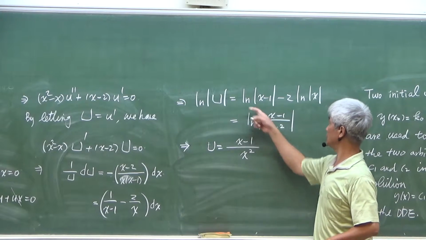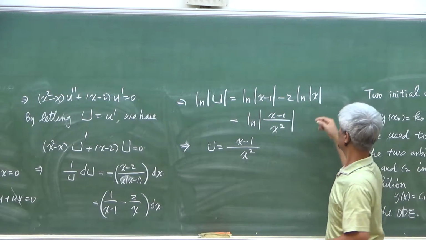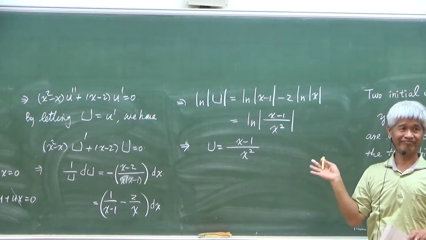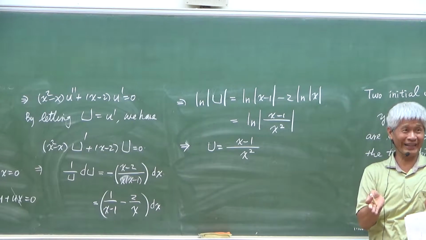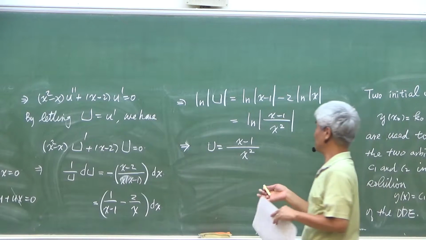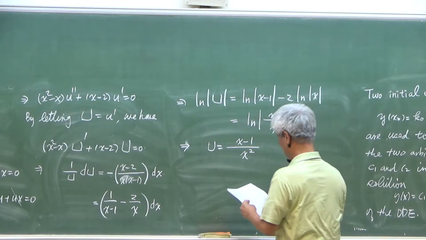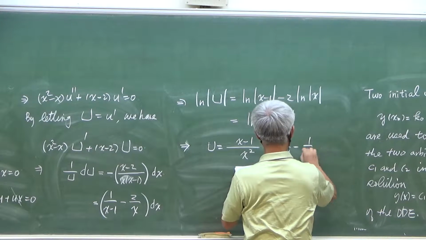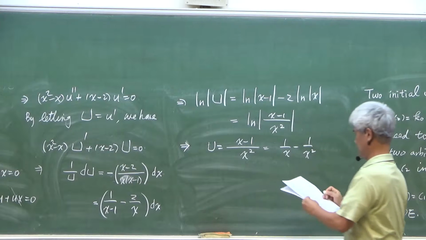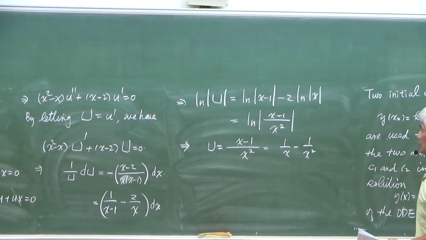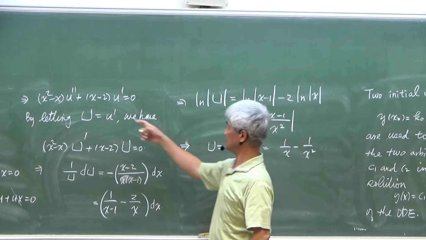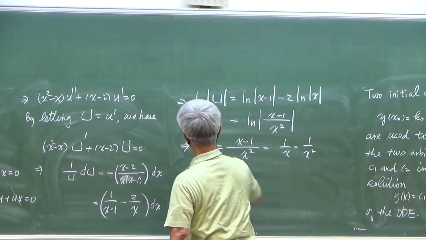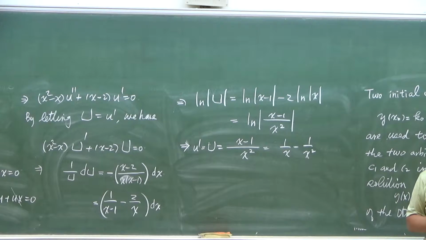Actually, there are many other choices, but for example, you can add a constant, something like that. But we just want one solution, right? So we are satisfied with just one solution. Okay, so this is 1 over x squared. Okay. So now we obtain capital U, but capital U is equal to u prime.